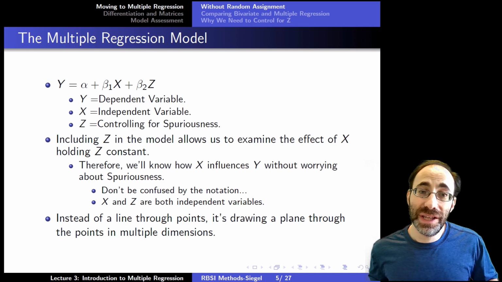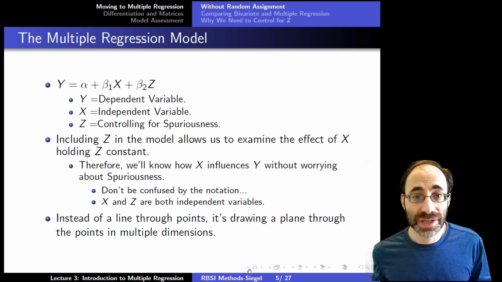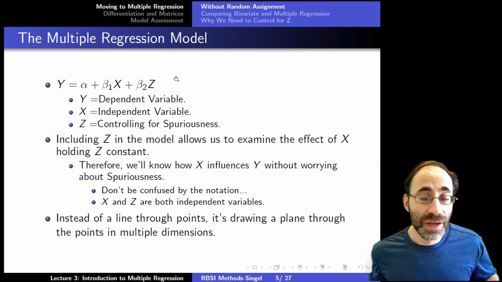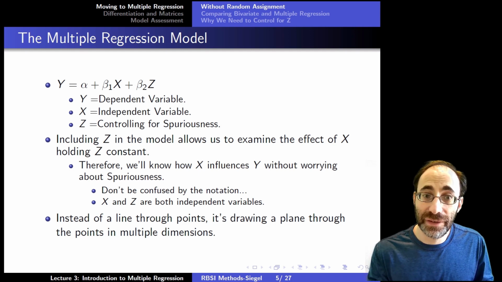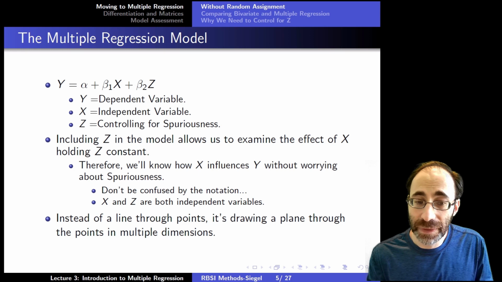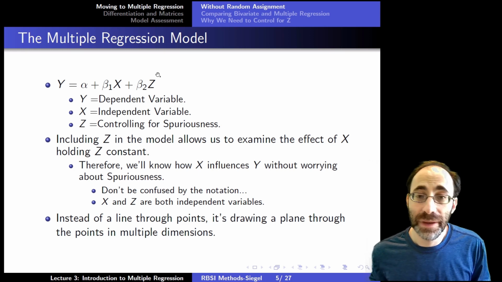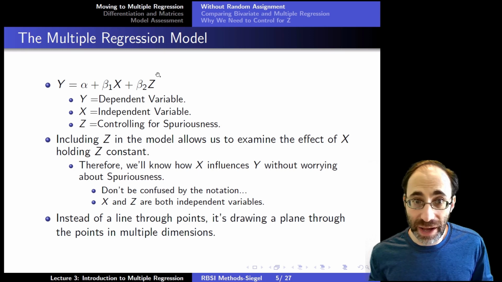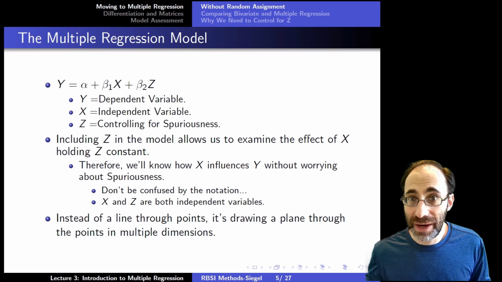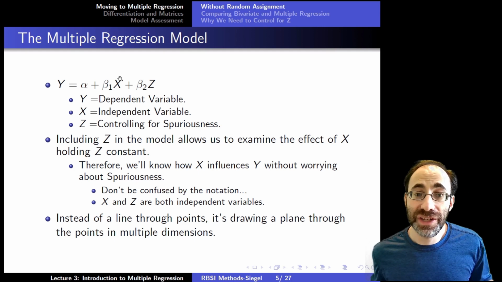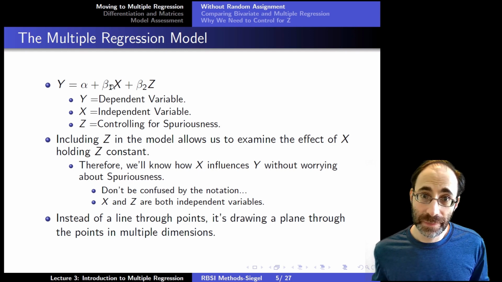Okay, so what is the multiple regression model? Well, it's this top equation here in the slide. It looks very similar to the original OLS model in a bivariate regression. The difference is this last term. We still have a dependent variable y on the left-hand side. We have a constant alpha on the right-hand side. We have our first independent variable x, and it's multiplied by a coefficient beta.